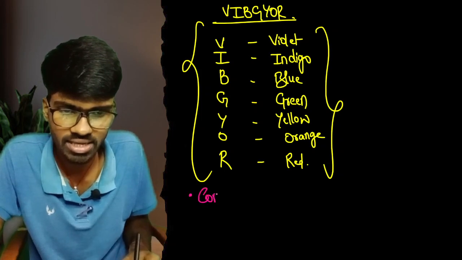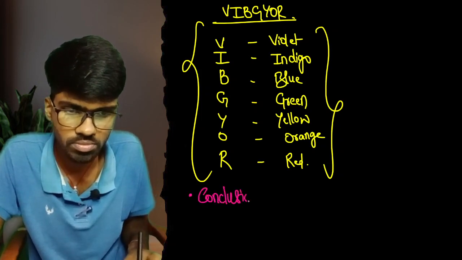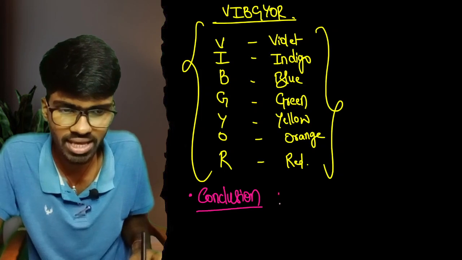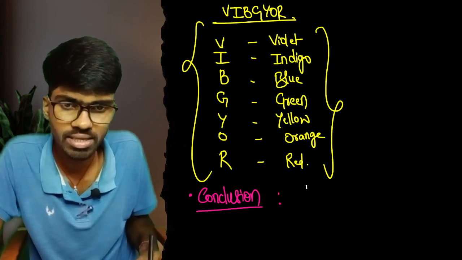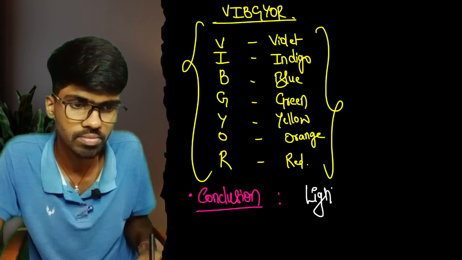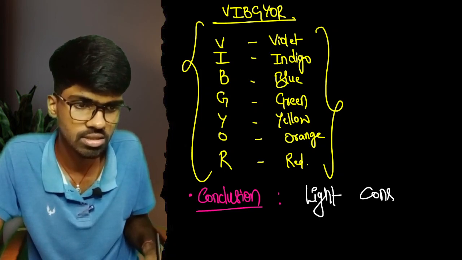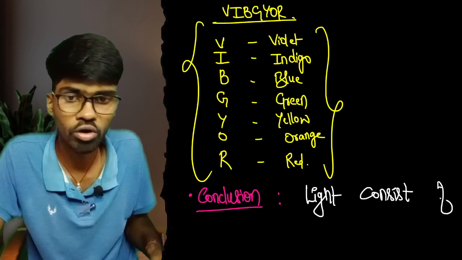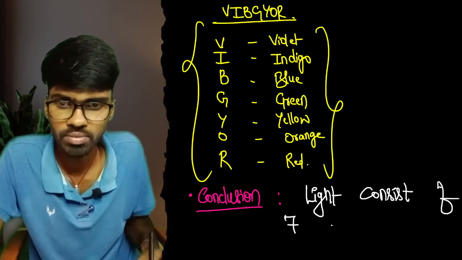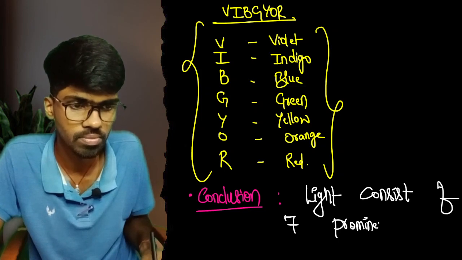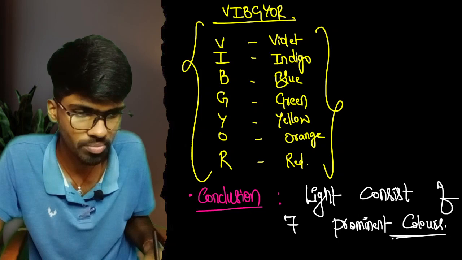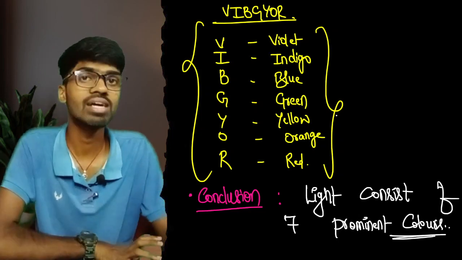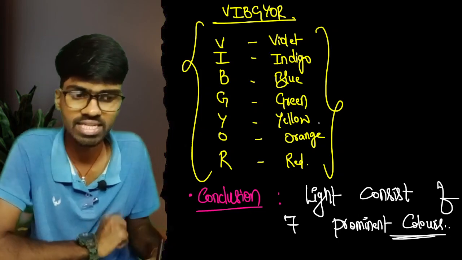Let us write that conclusion. He concluded that light consists of 7 prominent colors. 7 prominent colors means 7 colors were actually visible in that spectrum.